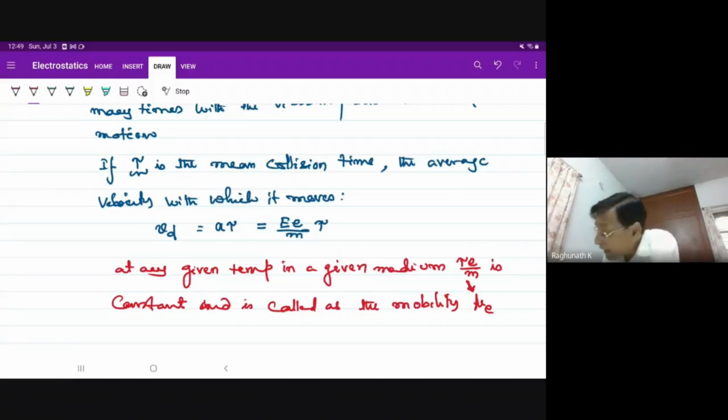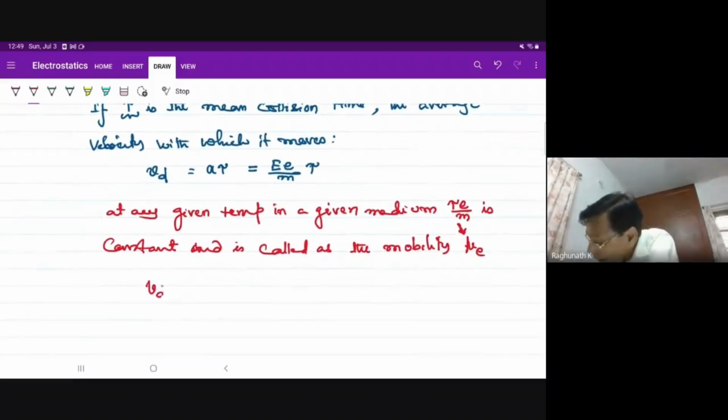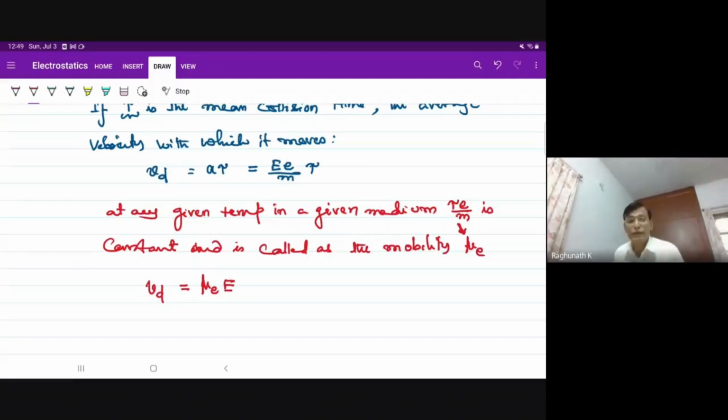So the drift velocity Vd is equal to actually what? Mu E, times the electric field intensity E, to be remembered forever. Mobility is the property of the material. The interstitial spacing, everything will determine tau.